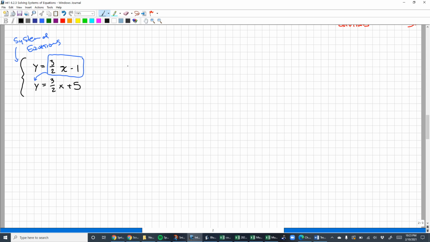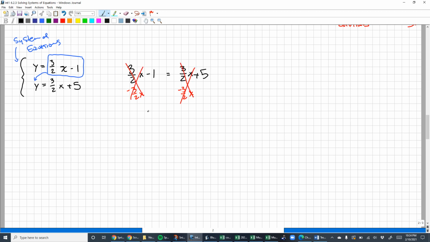So then I'm going to be writing this as 3/2x minus 1 is equal to 3/2x plus 5. So when we go to solve this and we subtract 3/2x on both sides, it cancels out the x. And check out what happens.